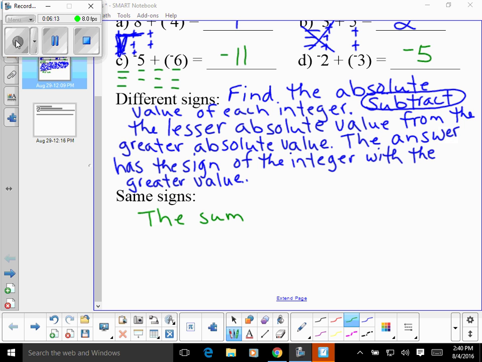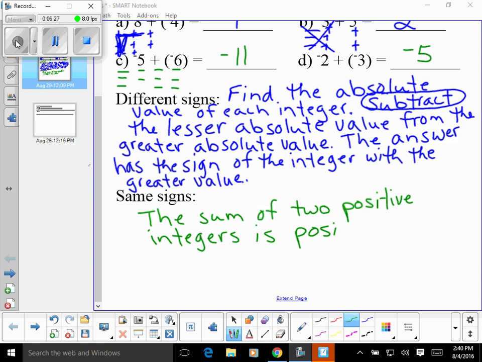The sum of two positive integers is positive. Yep, 3 plus 2 is 5. First grade math, right?